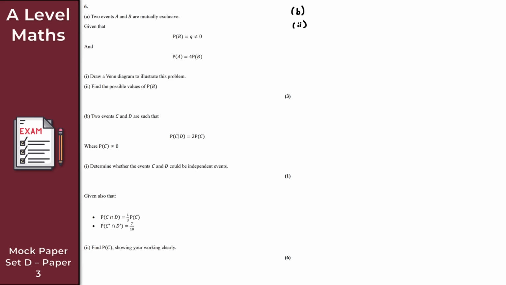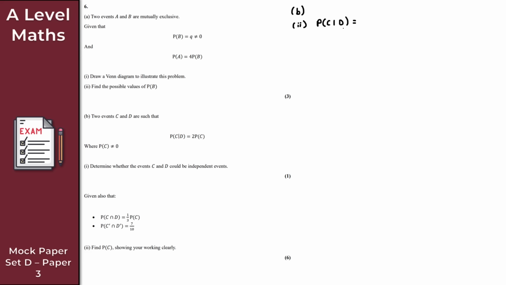Okay. So what do we know here? So to begin with here then, I've got the intersection of C and D. And what I'm also going to use here then is the fact that the probability of C given D, so this is conditional probability, right?